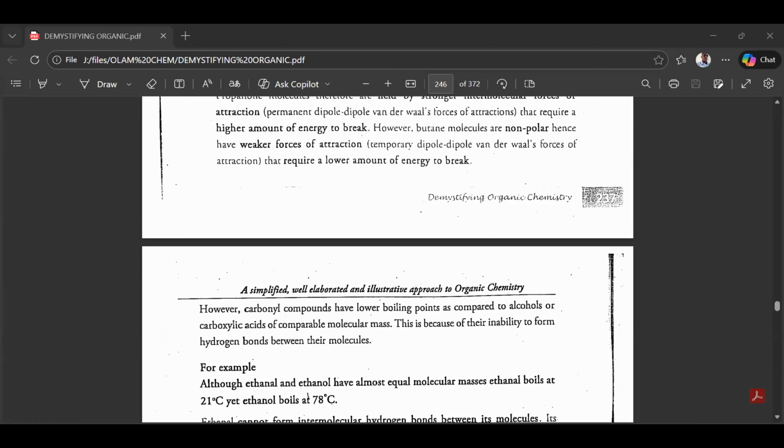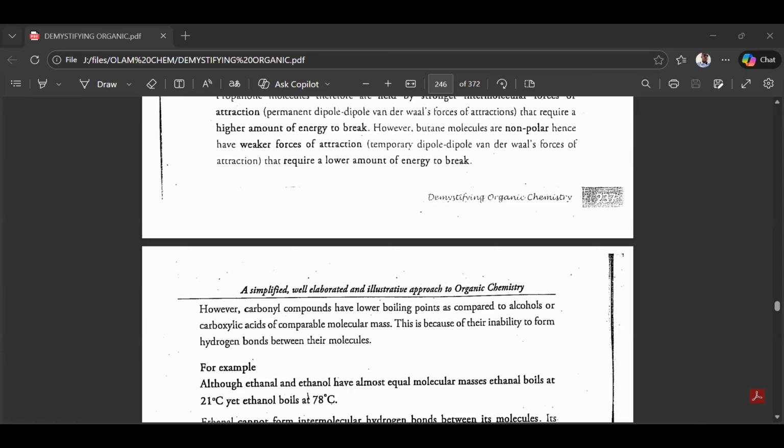And the fourth one is 3-hydroxybutanone.